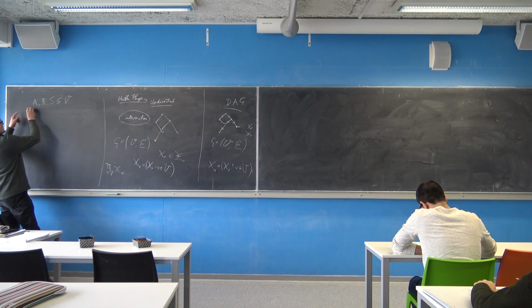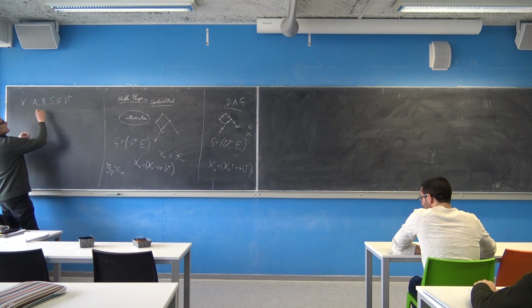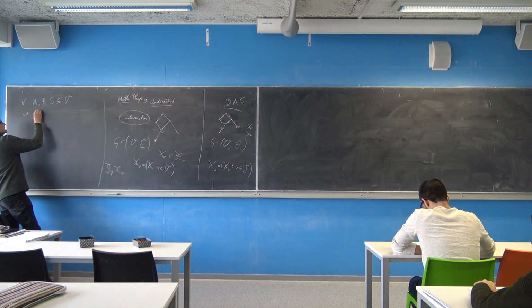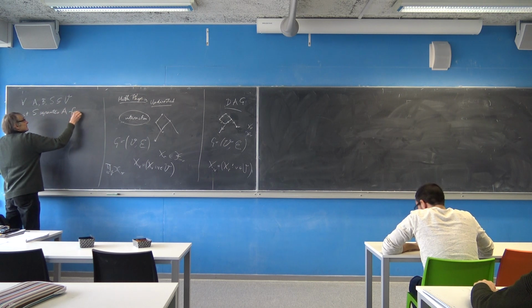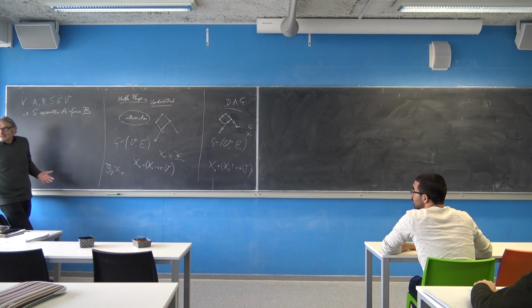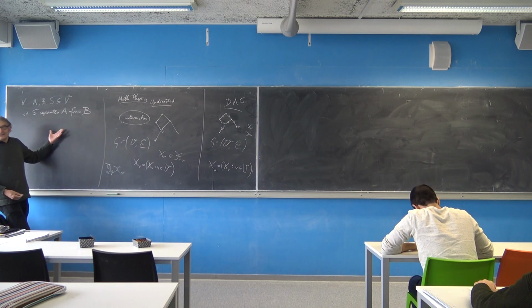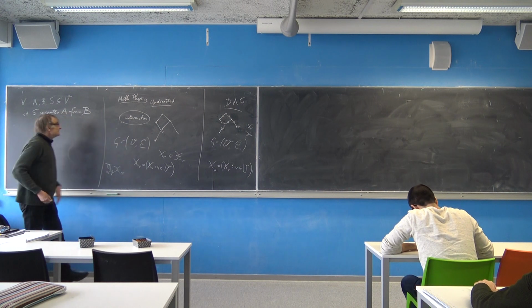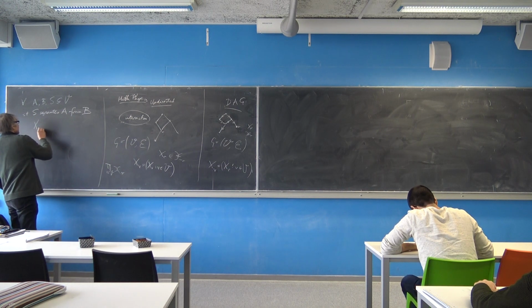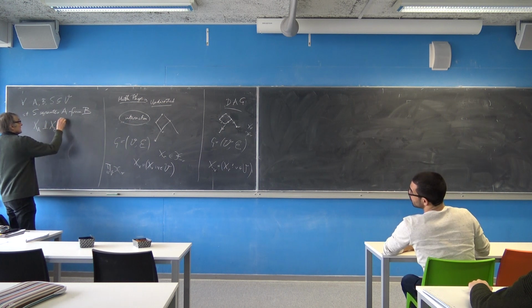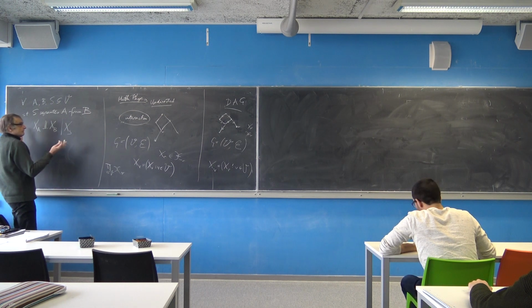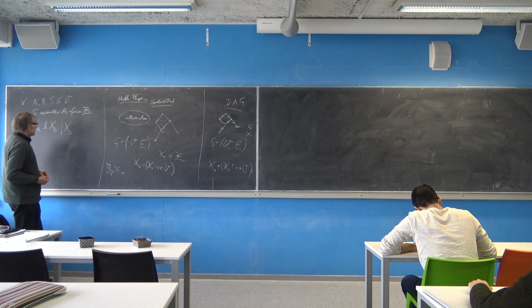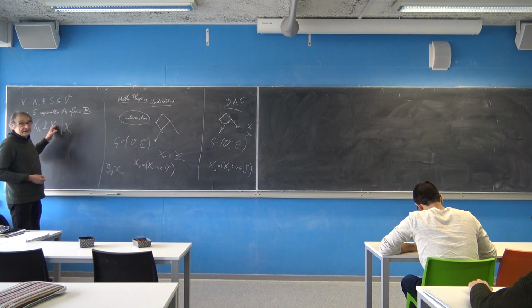For all A, B, S in V, such that S separates A from B, I can explain that relative to this graph: the A variables are conditionally independent of the B variables given the S variables. So when you fix these variables, then these two become independent.